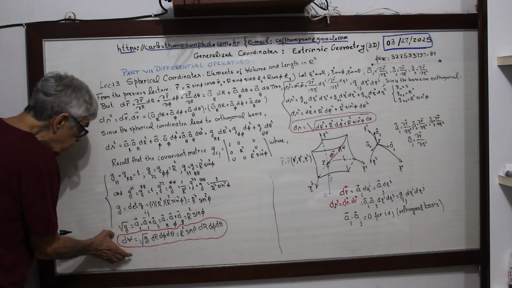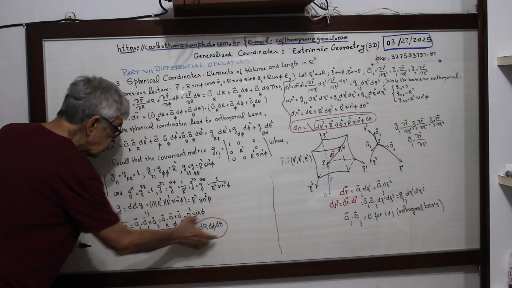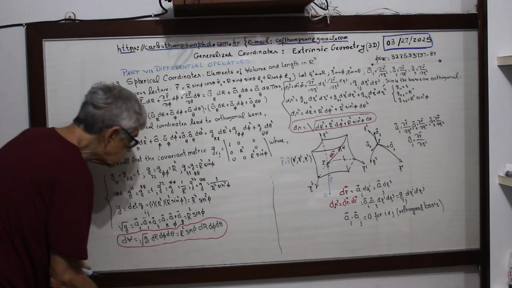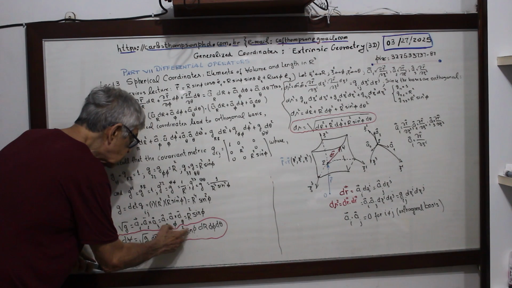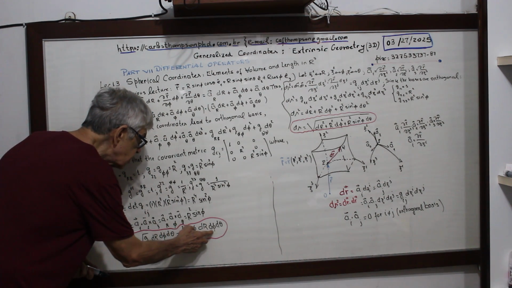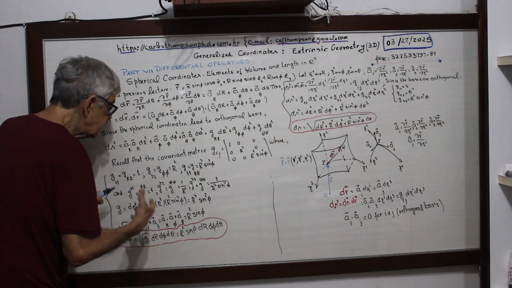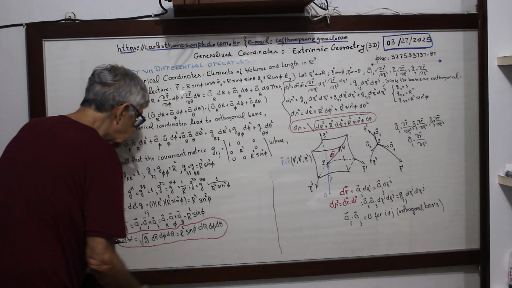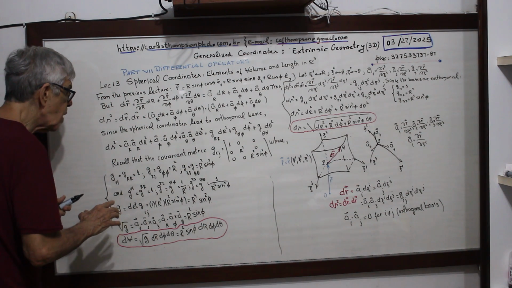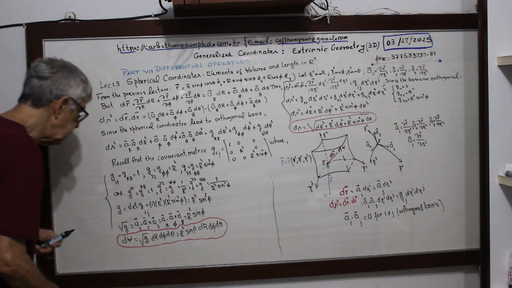So the element of volume is already here, okay? In this case, it will be R squared sine phi dR d phi d theta, which is dx1, dx2, and dx3. Okay, just quite clear, okay?